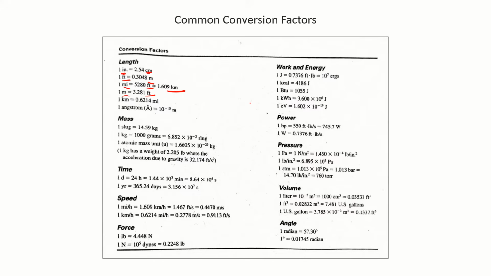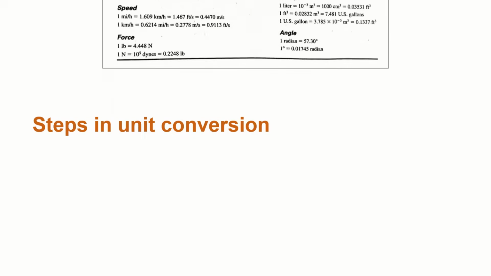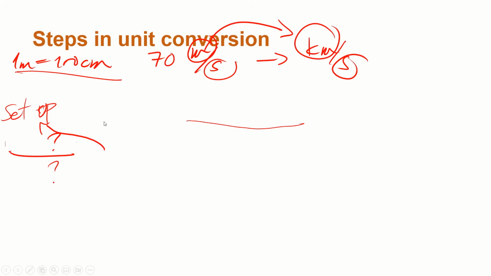So just refer to your conversion factors table to see the equivalence, and you can also search for others, since not everything is included here. So let us have another example.